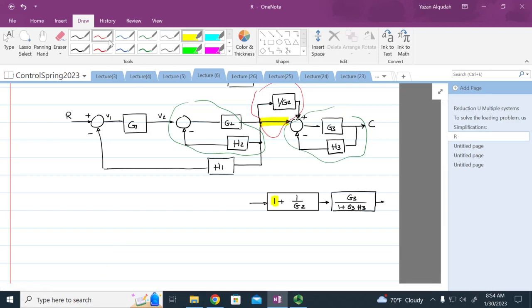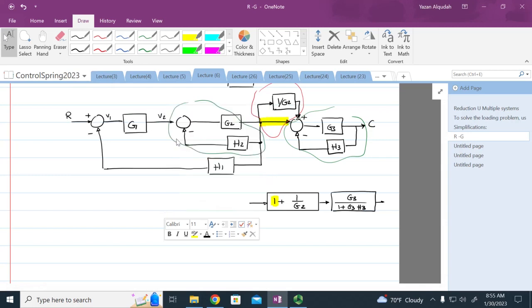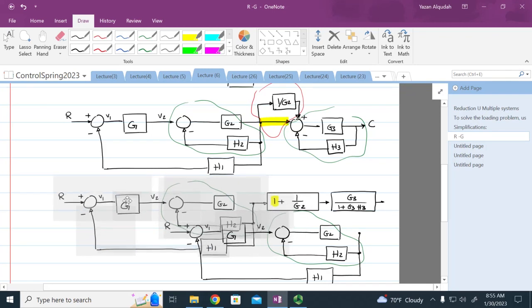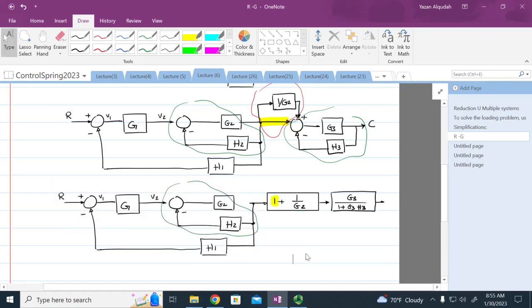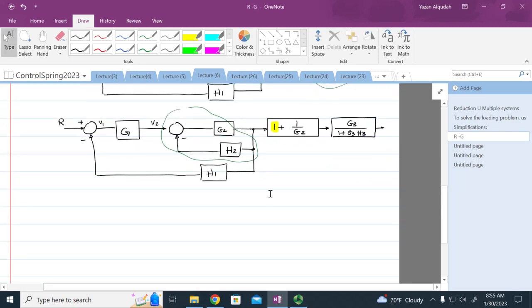Okay. And this is going to be G2 over 1 plus G2 multiplied by H2.